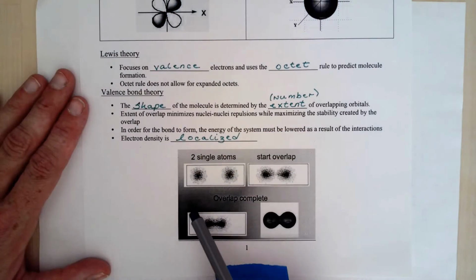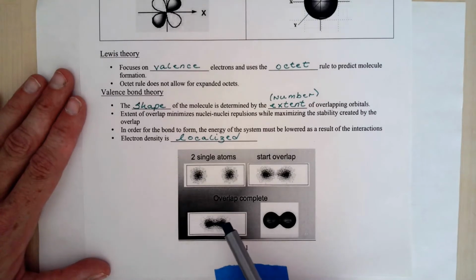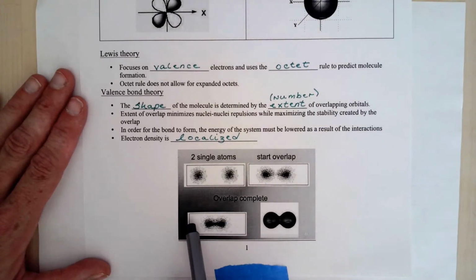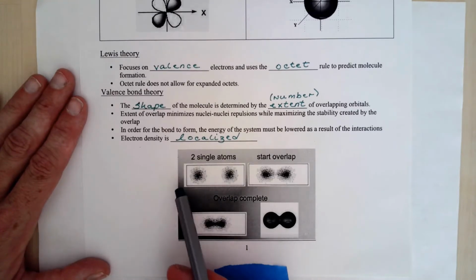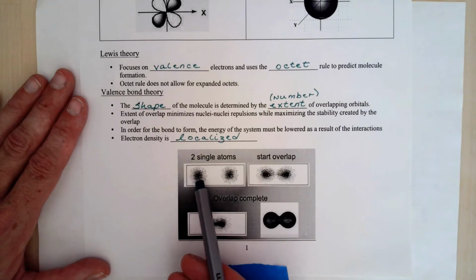The localization of electron density in order to form a bond is pictured here. First we would start with, say, two s orbitals, and we have our probability density maps pictured here, with all the little dots representing the probability of finding an electron.